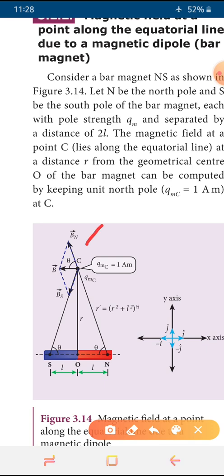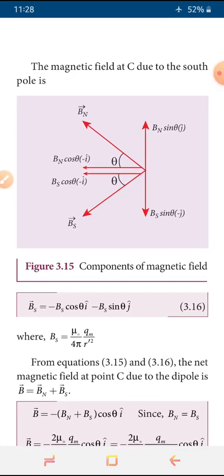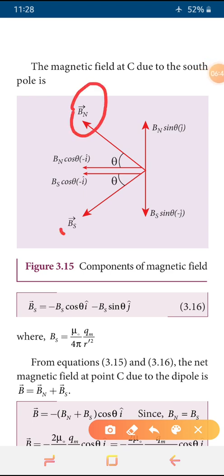Before that, see this is B N vector, this is B S vector. This B N vector is due to the north pole alone, B S vector is due to the south pole alone, and this is the resultant. Using B N vector and B S vector, we are drawing the third figure, figure 3.15. See, this is B N vector, this is B S vector, this is due to the north polarity, this is due to the south polarity, and this B N vector is resolved into two components.